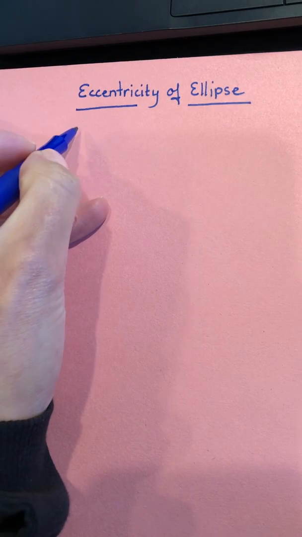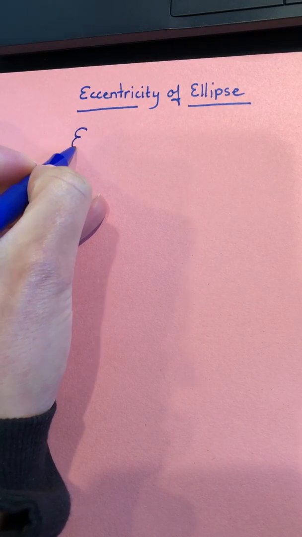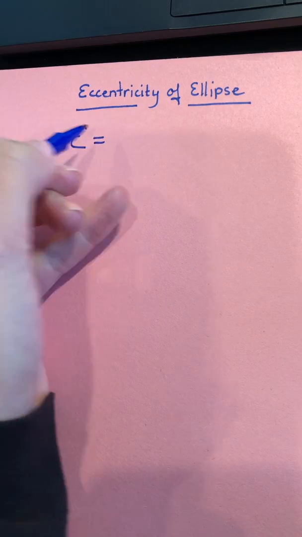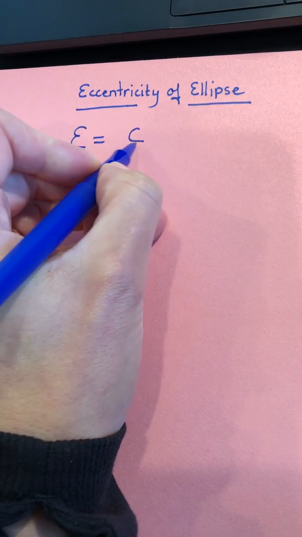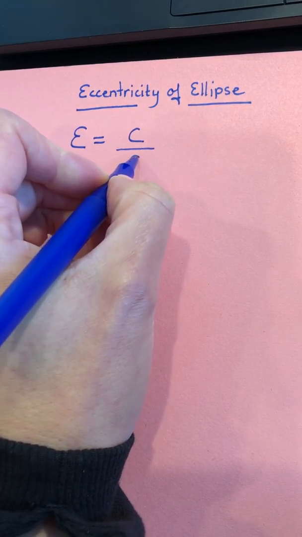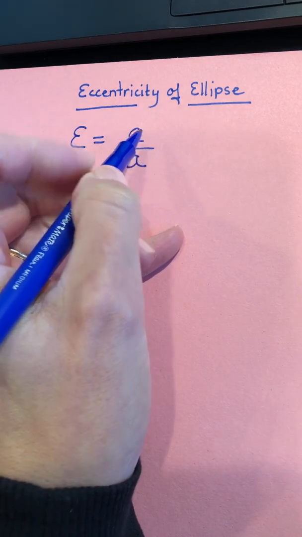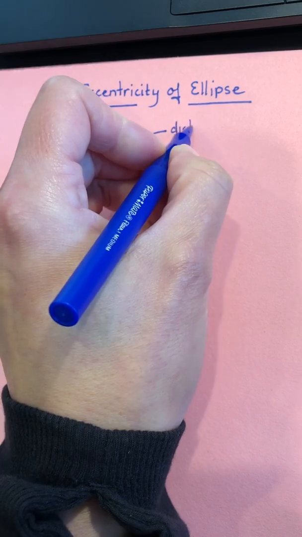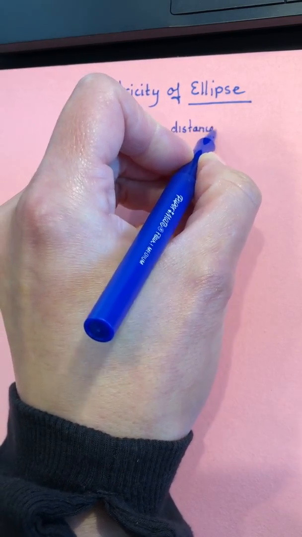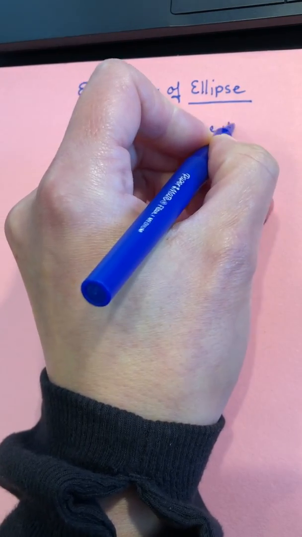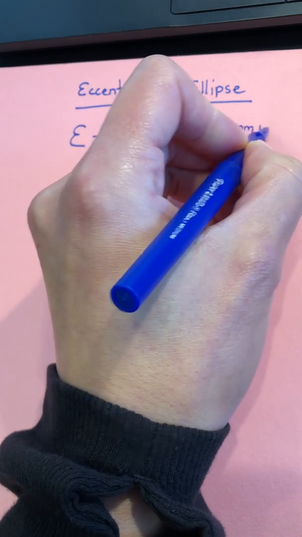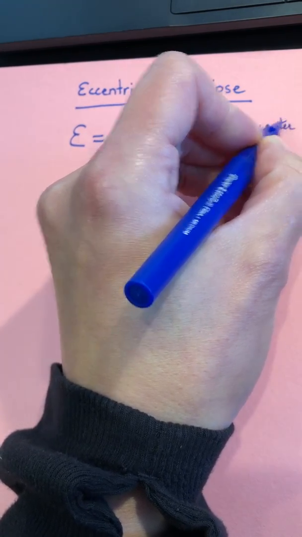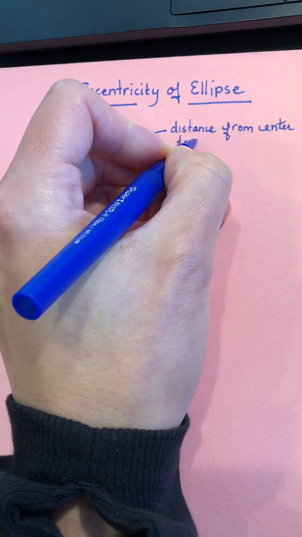So the formal formula to calculate eccentricity, which we're going to denote by the letter E, is we're going to take the letter C divided by A. Okay, now let's review what these meant. Letter C was the distance from the center of the ellipse to the focus point.